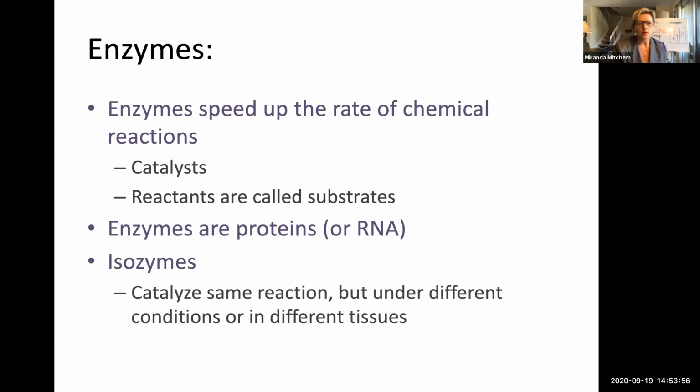Okay. So there are some examples in our body of what are called isozymes. Iso means the same, right? We've seen that prefix before. We saw it in the example of an isomer. But isozymes are different enzymes that under different conditions can work in the same chemical reaction.